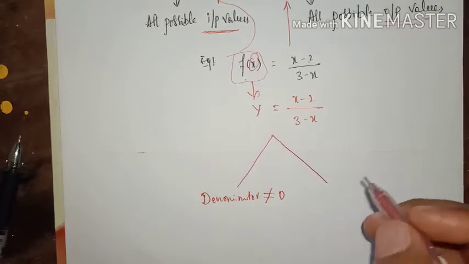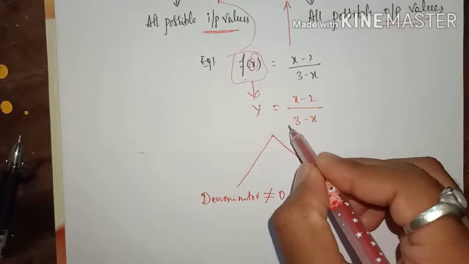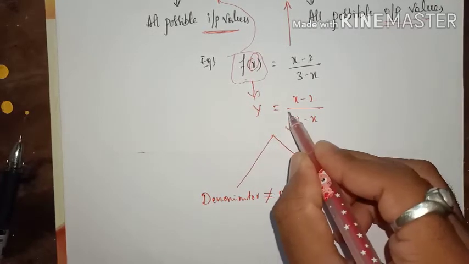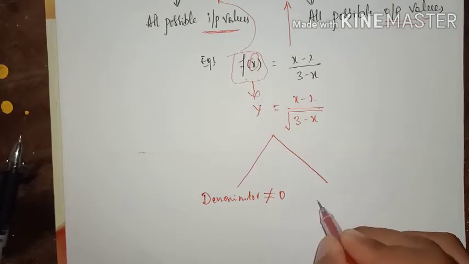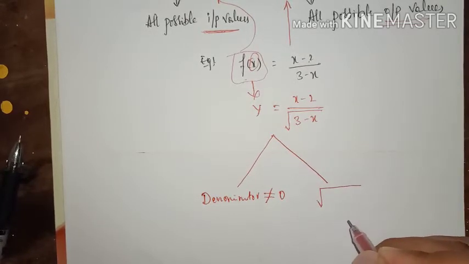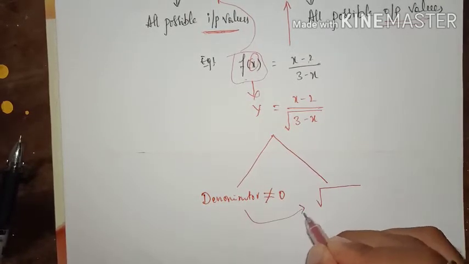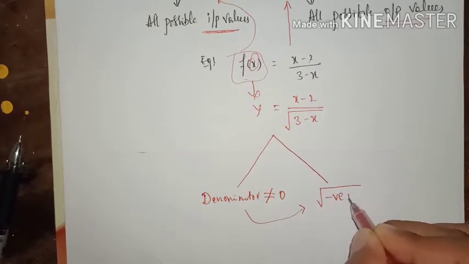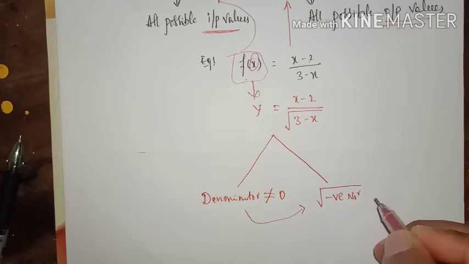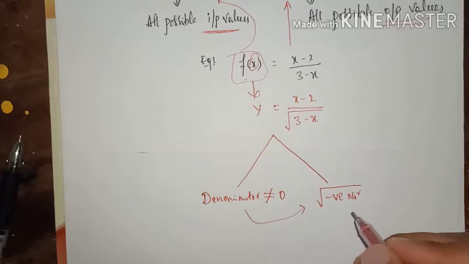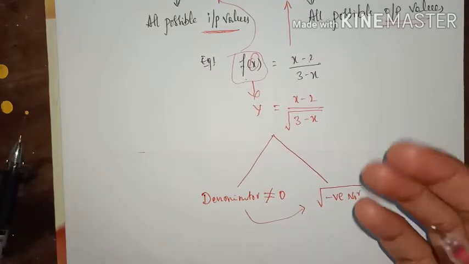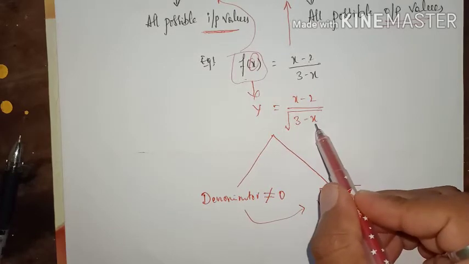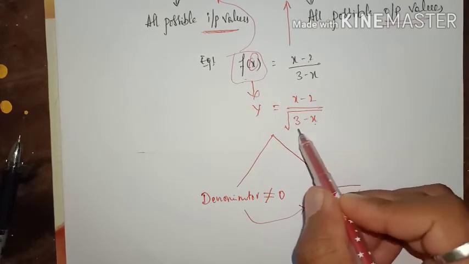Another one: if there is a square root in the denominator, then the expression under that square root should not be a negative number, and should not contain negative expressions after solving. For example, if I go with 6, just imagine, what is the value now?